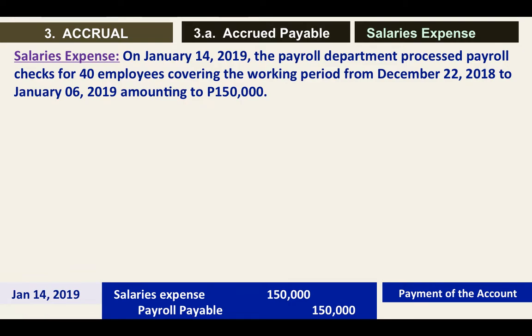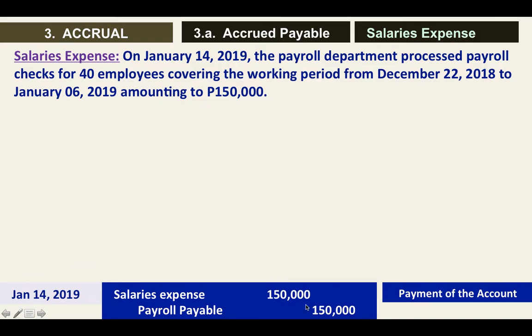Okay? Now, class, itong 150,000, pwede nating record ng lahat sa 2019 kasi alam natin portion of the salaries expense is for 2019. Okay? So, pwede na natin siyang record yung buo doon sa 2019.